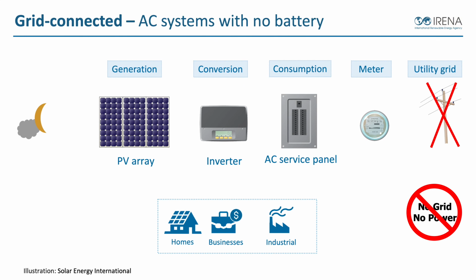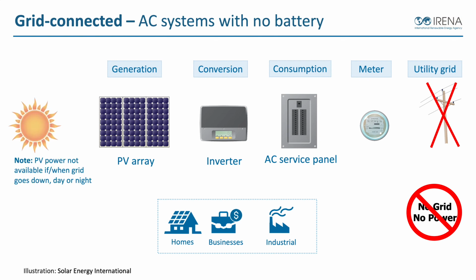So that's why we call this a utility interactive or a utility synchronizing system. It is dependent on the utility grid and the solar in order to turn that inverter on and operate normally. Even if the sun is shining and we have sun hitting our PV array, the PV energy is available theoretically, but if the utility is off, this inverter is not going to allow any of that electricity to be exported into the grid as a safety and precautionary system.